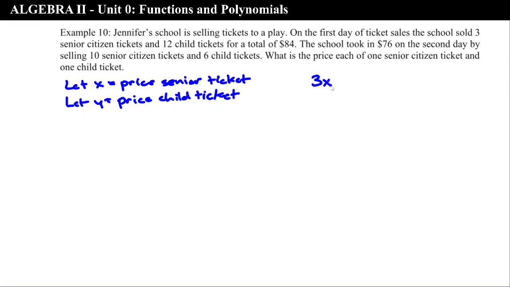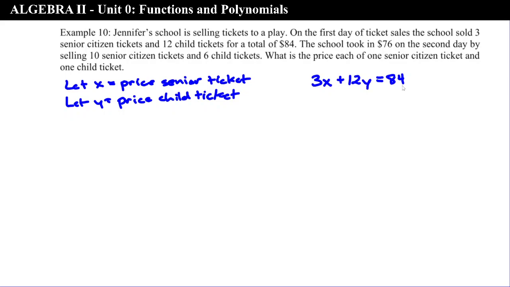That tells us how much money we made out of a senior citizen ticket. And we have 12 child tickets. So 12 times the price of a child ticket tells us how much money we made selling child tickets. And altogether, we made $84. And for the sake of the equations, I'm just going to drop the dollar sign for now.